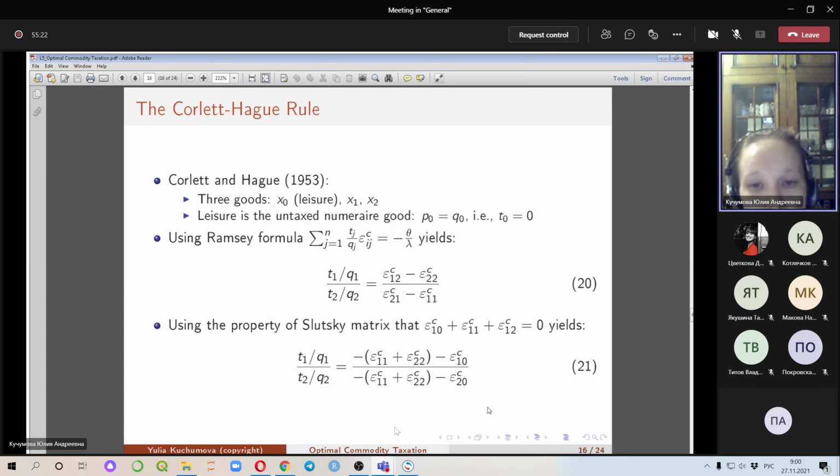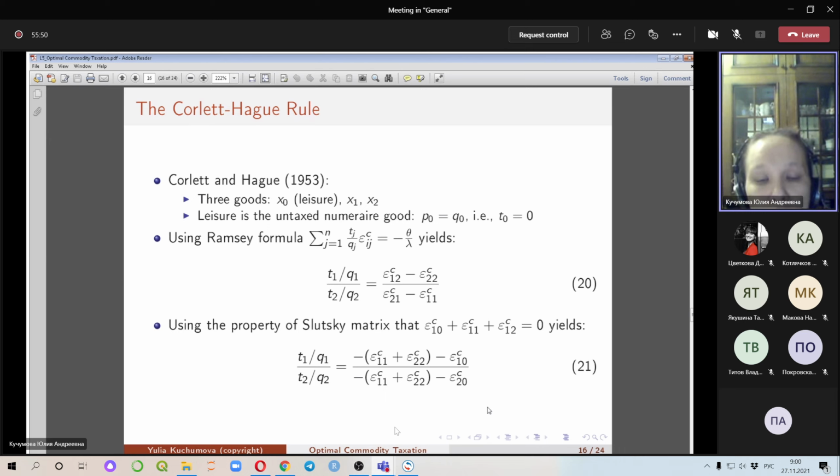Then from those two equations, the Ramsey formulas, we can calculate the ratio of T1/Q1 to T2/Q2, and it would be equal to the following.